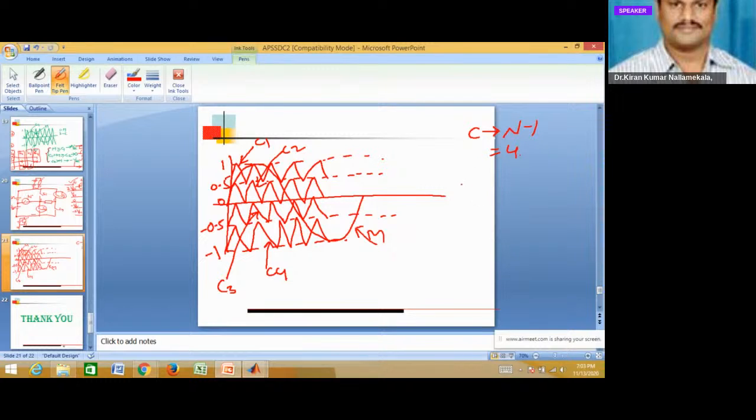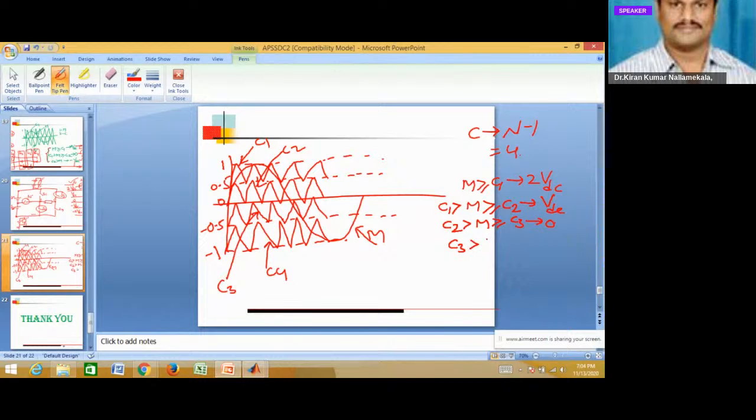The logic is the same. If M is greater than or equal to C1, this is equal to 2 VDC. If M is less than C1 and greater than or equal to C2, this is VDC. If C2 is greater than M and M is greater than or equal to C3, that is the 0 voltage level.